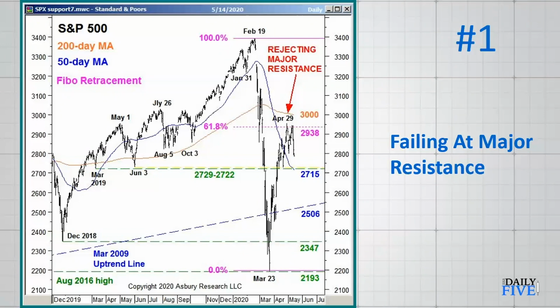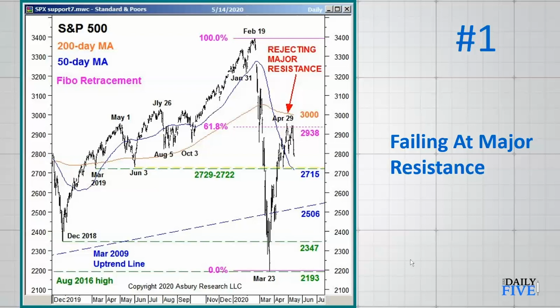I see this as the line of demarcation to whether this rally off the March 23rd low is the start, or I should say the resurgence, of this March 2009 uptrend line in blue that I'm pointing to, currently at 2506, or if this is just a corrective rally within an unfinished major downtrend that started at the February 19th high.